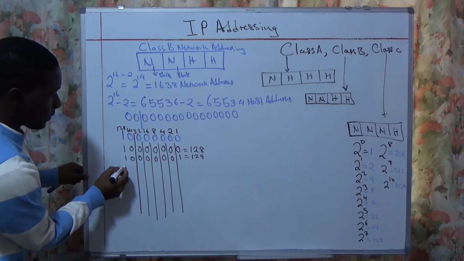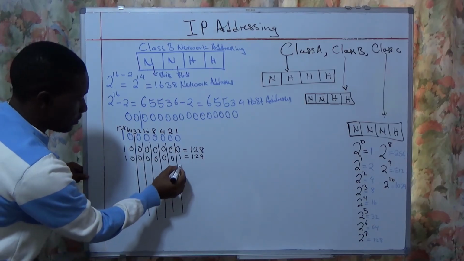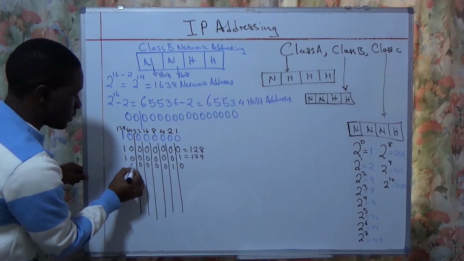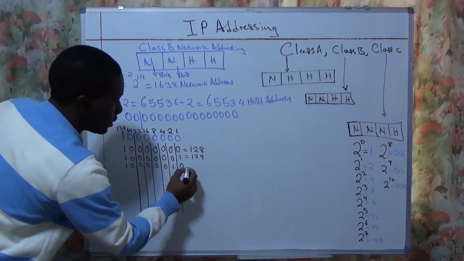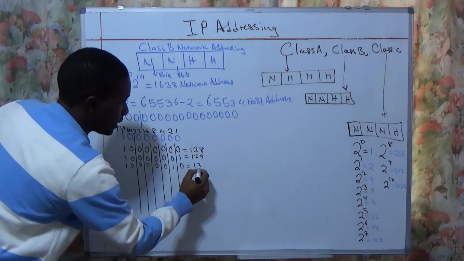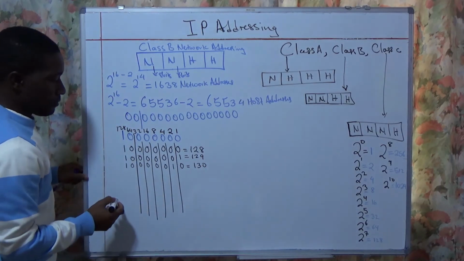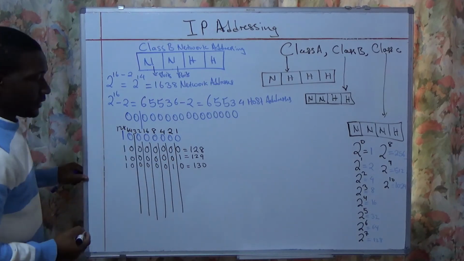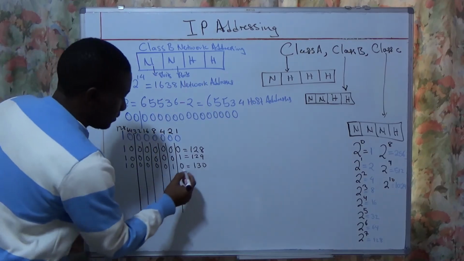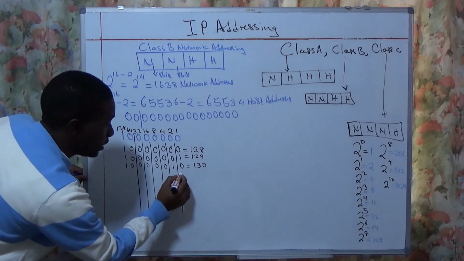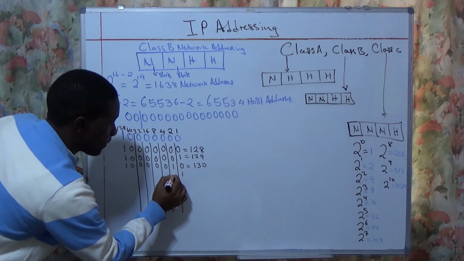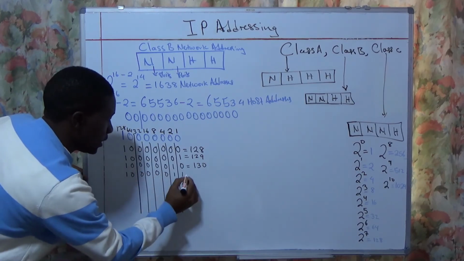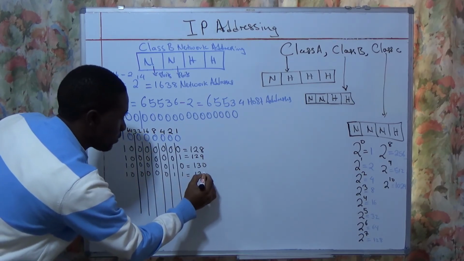And then the next one will be 0, 1, 0, 0, 0, 0, 0, 1, which will give us 130, because 128 plus 2 gives us 130. Then 1, 1, 0, 0, 0, 0, 0, 1 will give us 131.